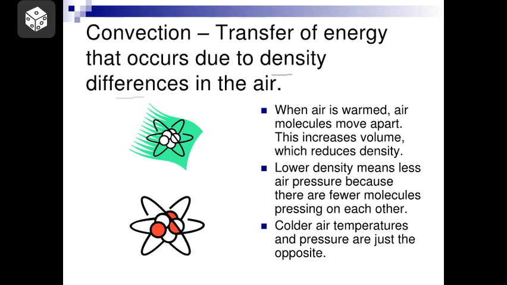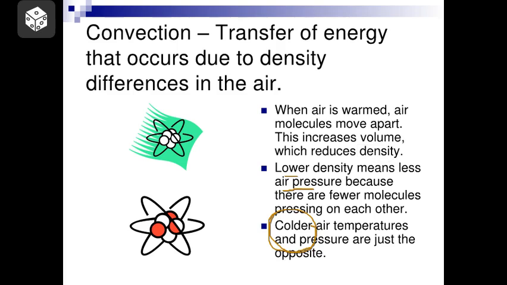Well, the bigger the volume, that's lesser density, less dense something is. That's why warm air, warm water always rises up. Lower density means also that there's less air pressure. Well, if air pressure is lower, that means the barometer is dropping. There's fewer molecules pressing on each other. Cold air temperature and pressure are just the opposite.